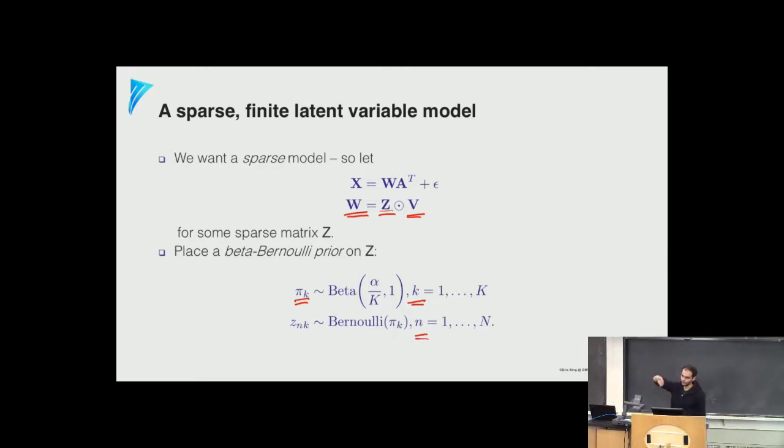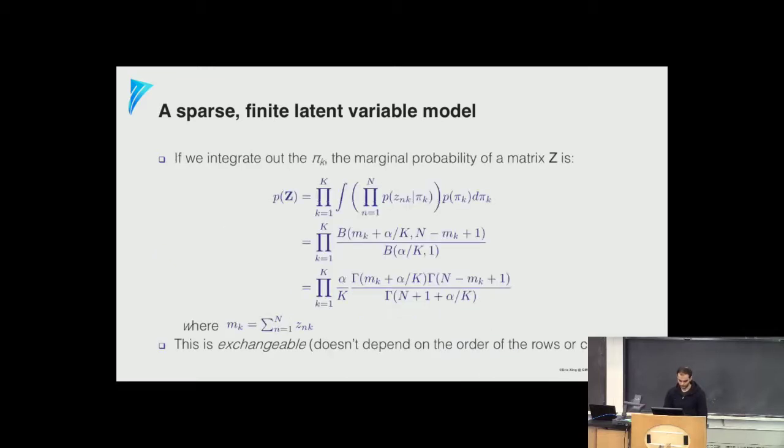So given these pi k's, for every single row, we're going to sample z_nk IID from the corresponding Bernoulli distributions. So in that case, we can now write the distribution over the Z matrix, right? So we know that it is IID across the rows, we know that it's IID across the columns, and then inside here we need to integrate out the pi k, because pi k is our latent variable in this construction.